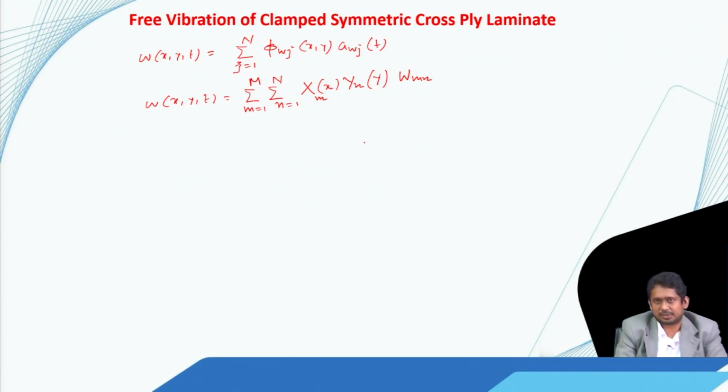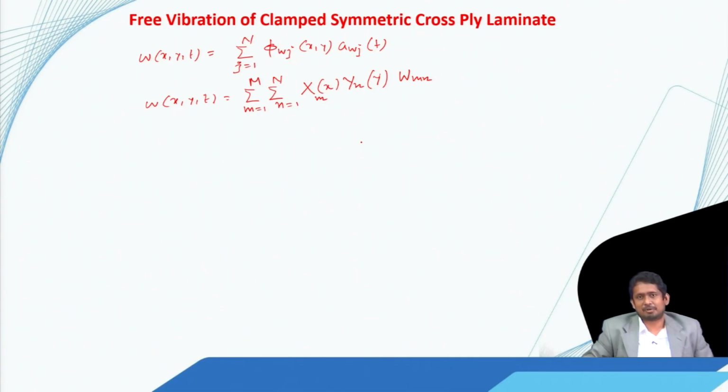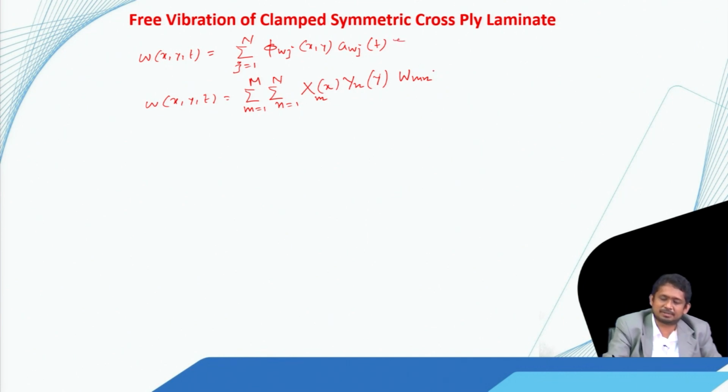So, what again we are doing is we have m number of functions of x and n number of functions of y, and we are making their combination. So, this was represented as a single series and this is represented as a double series. So, the n here does not mean n here. So, n here corresponds to mn here.